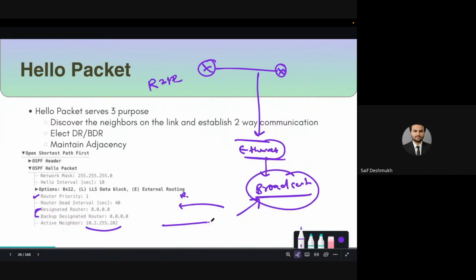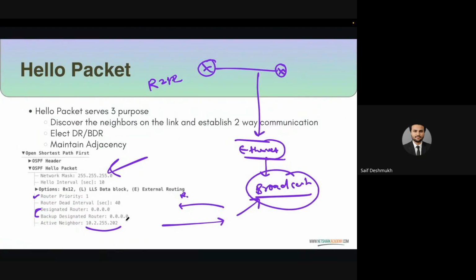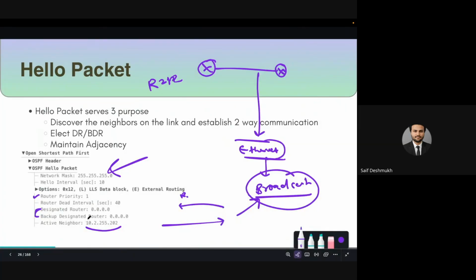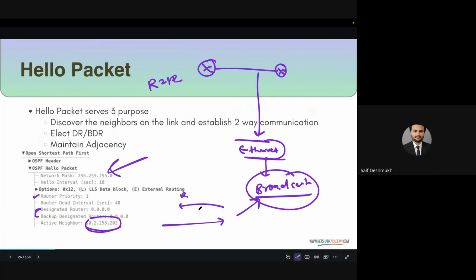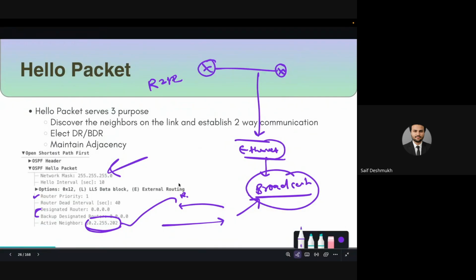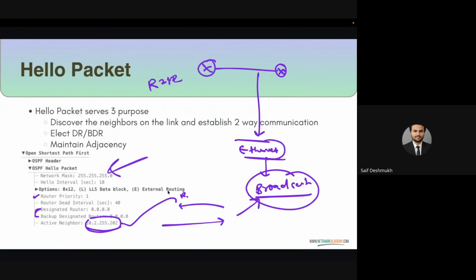So when the next hello packet is sent out from this router, it added that router ID in the active neighbor field. It serves a crucial purpose. We will understand it in the coming slides. So these are the things that are available in hello packets.